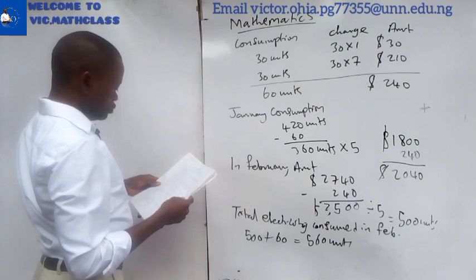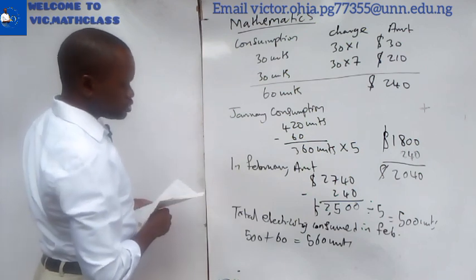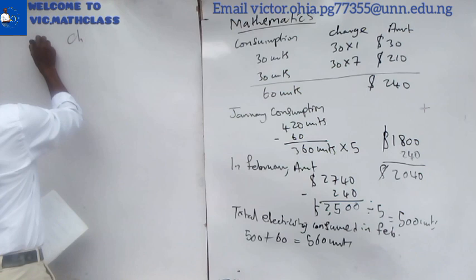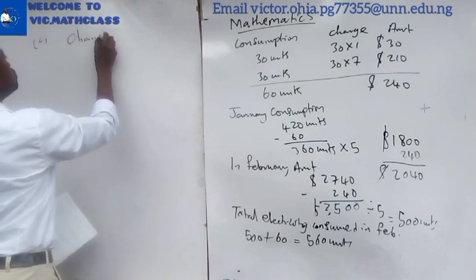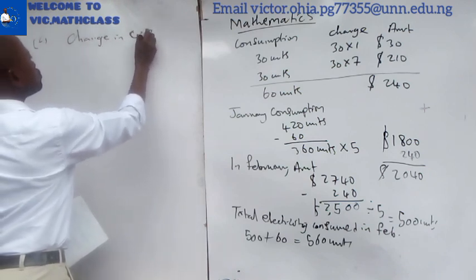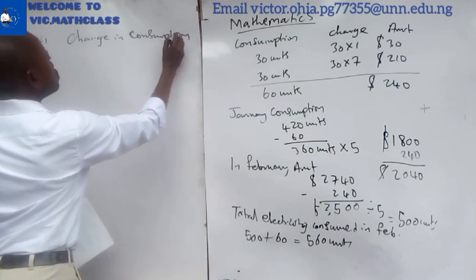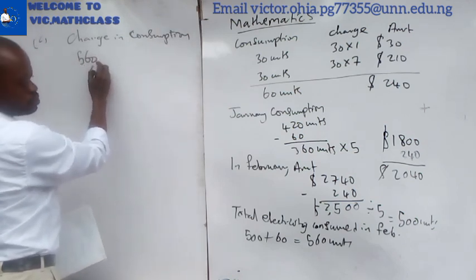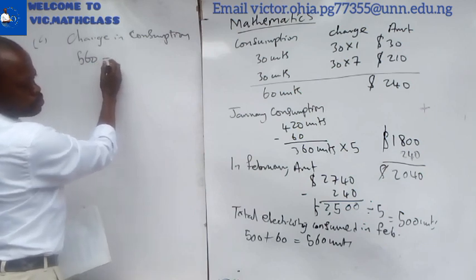And if you move ahead to look at the next question, they say find correct to two decimal places the percentage change in units of electricity consumed by Amaka in January and February. Percentage change. So first of all, we look at change. Change in consumption is going to be 560 consumed in February minus what quantity was consumed in January.